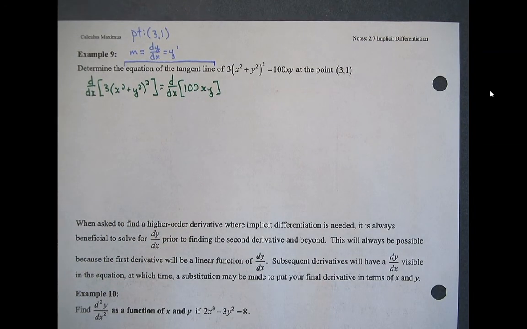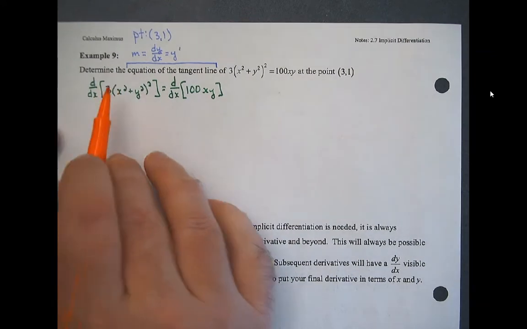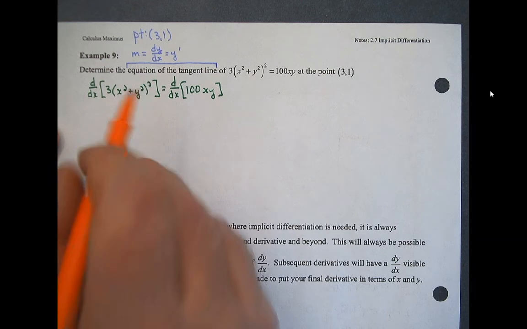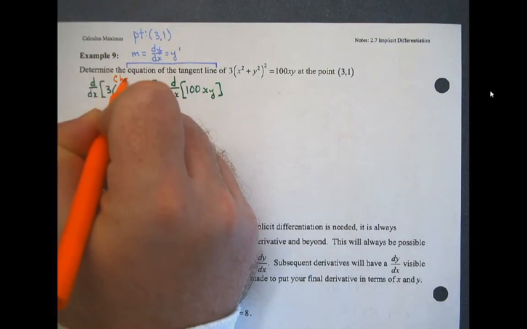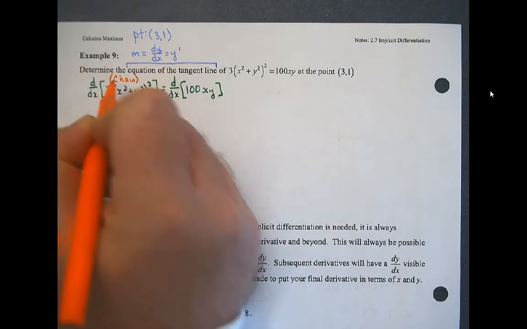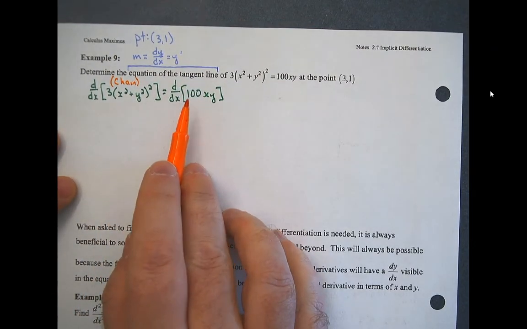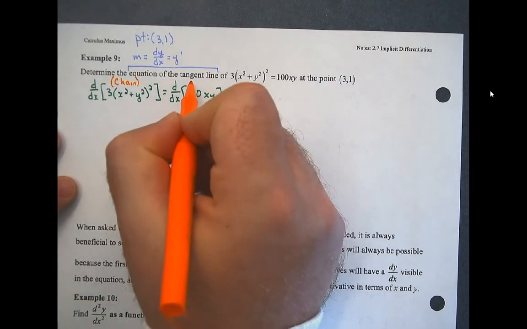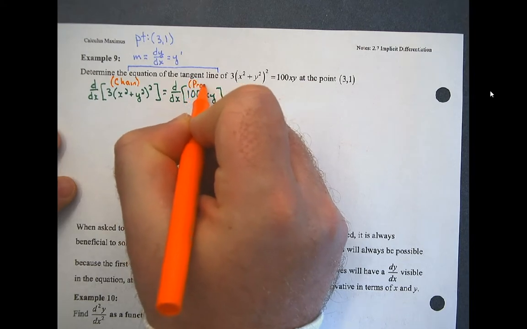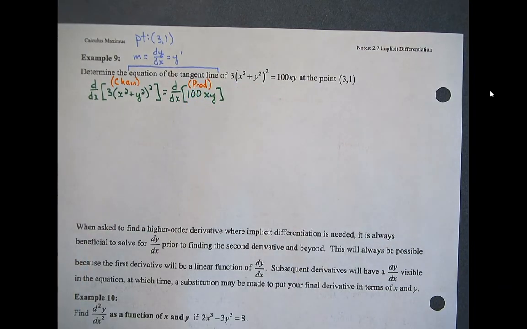Oh boy, this isn't so easy. This is pretty nasty. So this is what type of rule? This is a chain. I've got something inside the chain with a sum, but I don't like to write the sum. This is 100x times y, so this is a product rule. I'm going to encourage you to pause here and see how far you can get on your own.